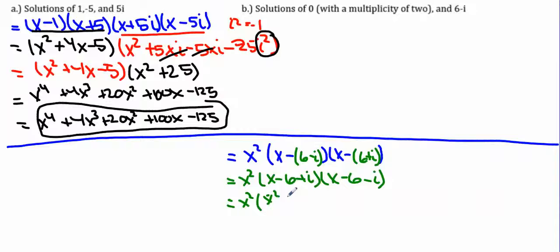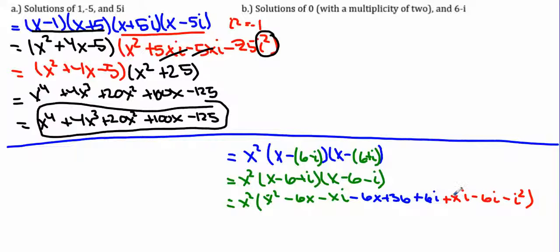So I have x squared minus 6x minus xi. Then I have -6x, positive 36, and positive 6i. Then I have positive xi, -6i, and negative i squared.